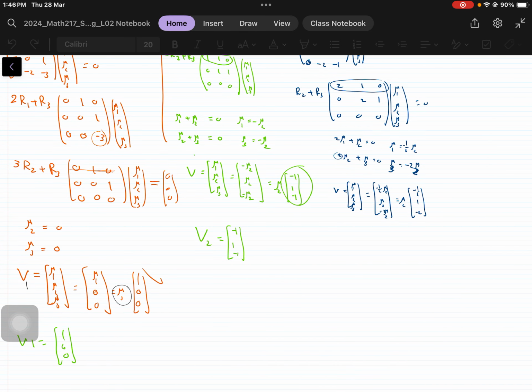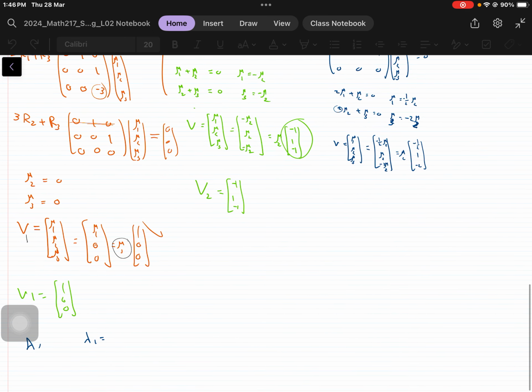This takes a little bit of time, but finally we have for A: lambda 1 equals 0, lambda 2 equals minus 1, lambda 3 equals negative 2, V1 is 1 0 0, V2 is negative 1 1 negative 1, V3 is negative half 2. So we have the 3 lambdas and 3 eigenvectors.